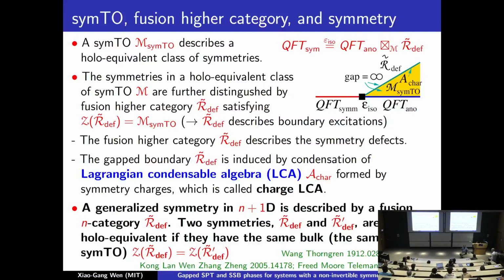So the anyons which are condensing correspond to symmetry charge, and then the gapped boundary has excitations which describe the symmetry defect.